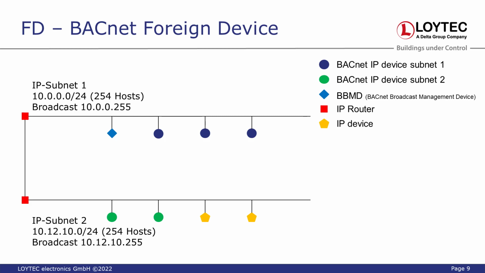Assuming device A in subnet 2 wants to communicate to devices in subnet 1, then device A can be configured as a foreign device in order to allow itself to communicate to subnet 1 through the BBMD. After setting this up, device A will not be able to communicate to device B in subnet 2 anymore.